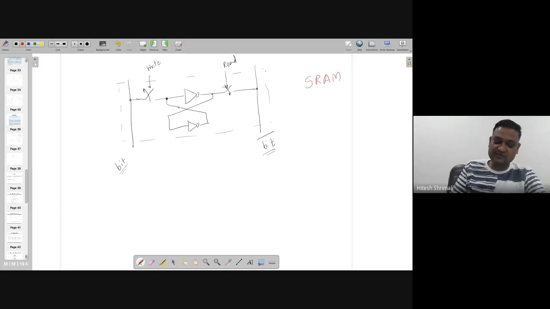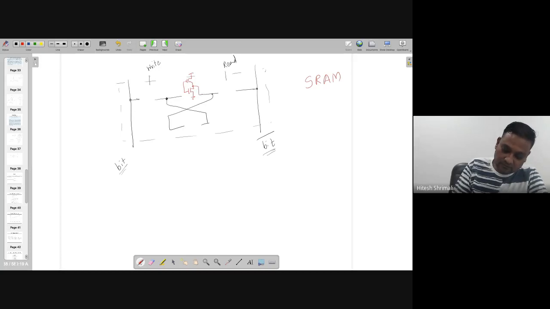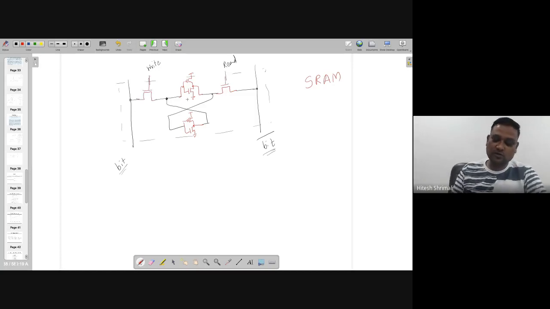This is unit static RAM, which requires 6 transistors. You can see here, to implement this one I need a total of 6 transistors.